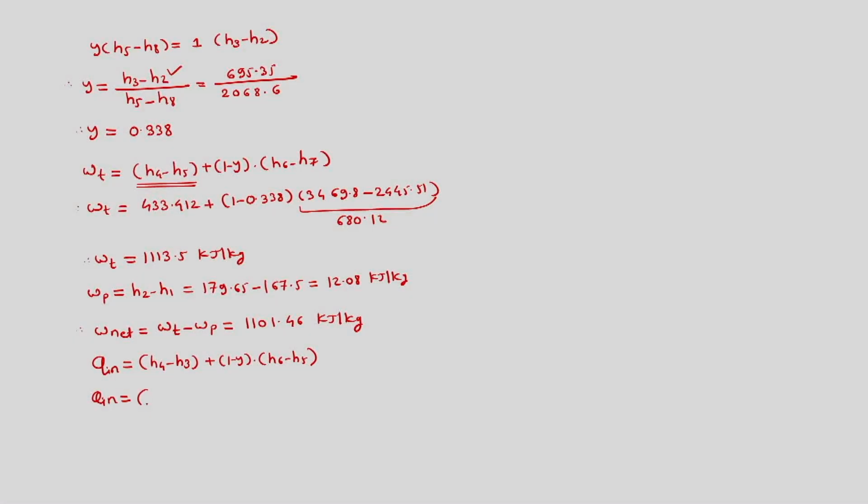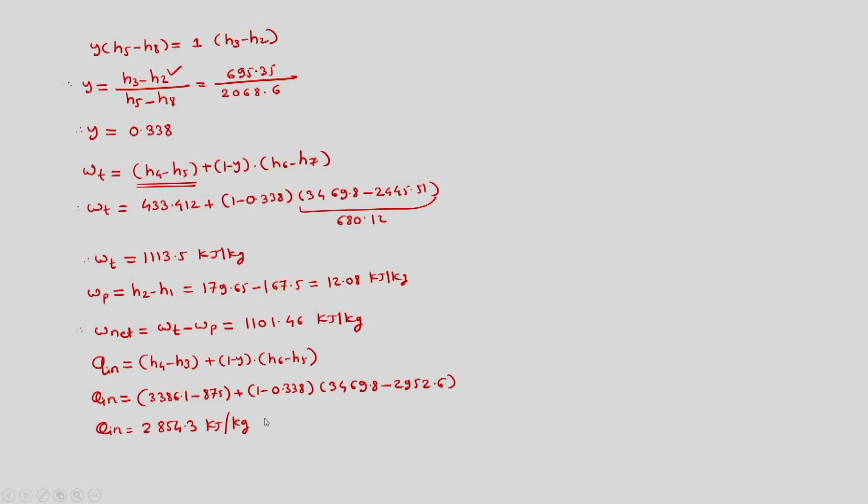Q in is equal to 3386.1 minus 875 plus 1 minus 0.338 into H6, 3469.8, minus 2952.6, and this gives us Q in equal to 2854.3 kilojoule per kg.